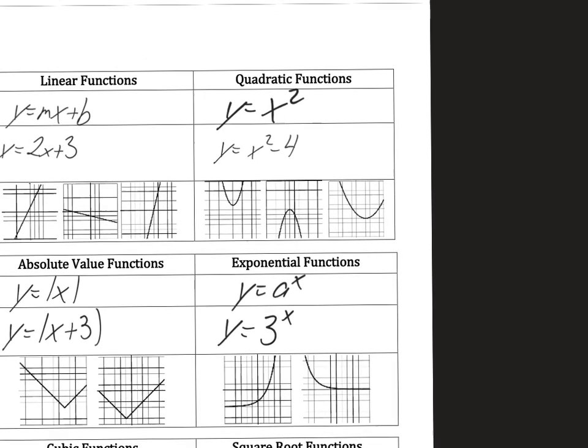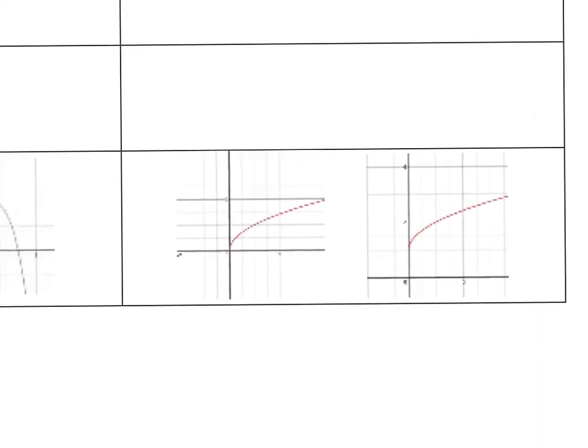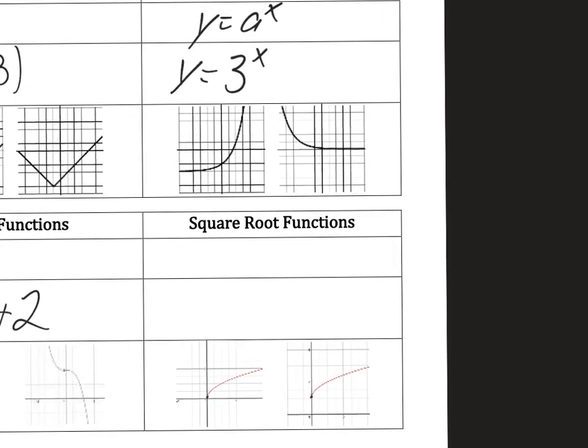The very last one is our square root. So I'm going to write up here that this is a square root equation because it has a starting point. If you notice, each of these has a specific starting point where they begin. It does not go over to the negatives at all. So let's write down what the equation would be. The equation is y equals the square root of x, and I'm going to just put plus a.